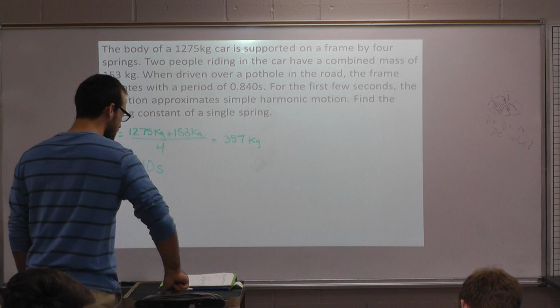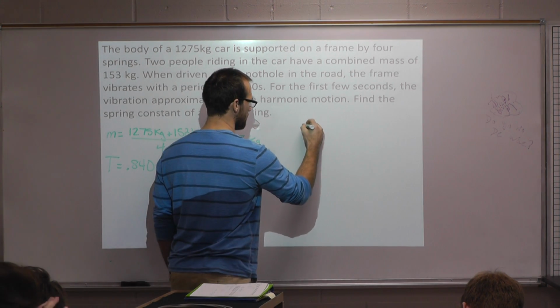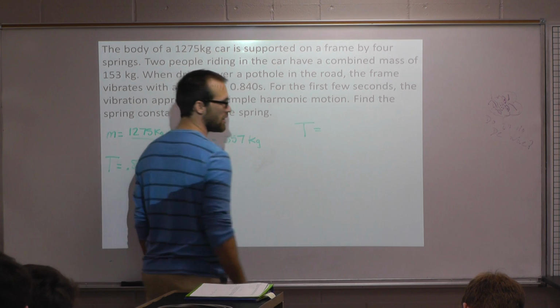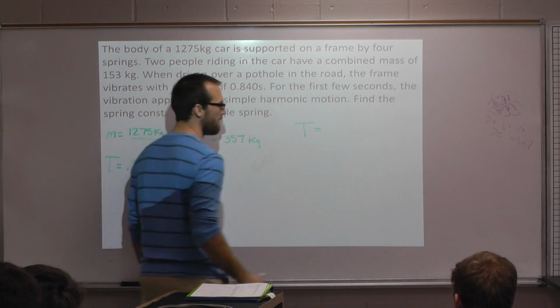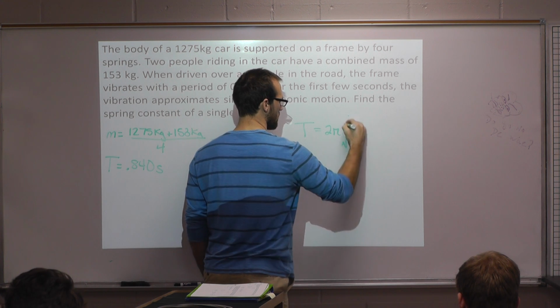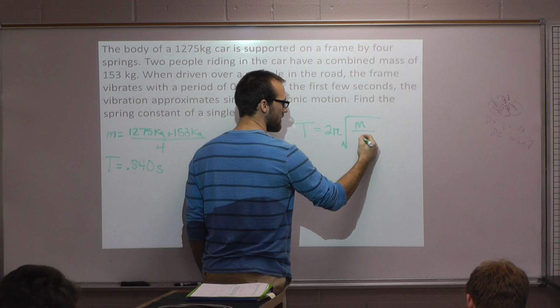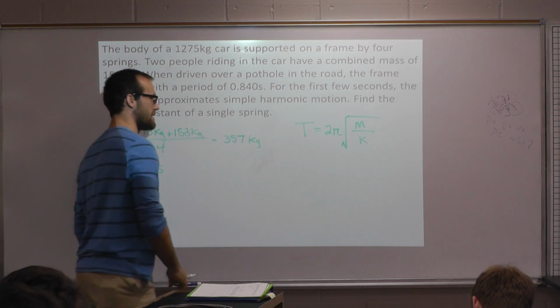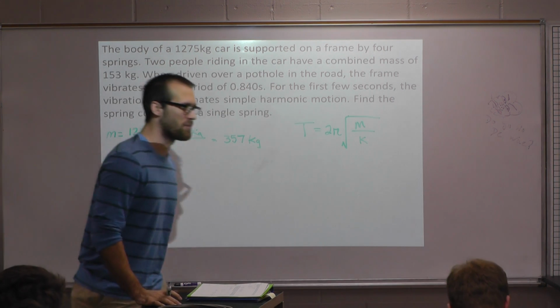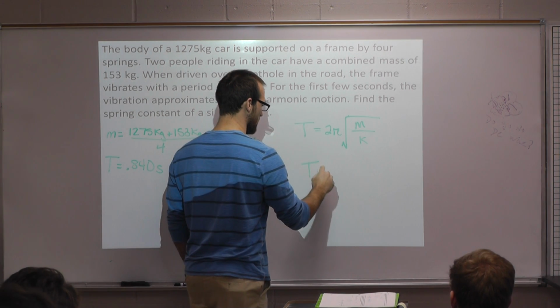So, since we're dealing with a spring, we got a new equation. T equals 2 pi times the square root of mass divided by spring constant. This one's going to take a little bit more work to manipulate, not much. It's similar, but there's one little difference.